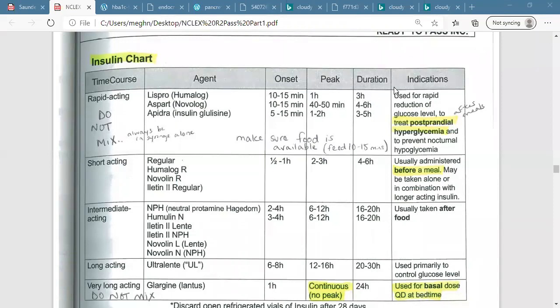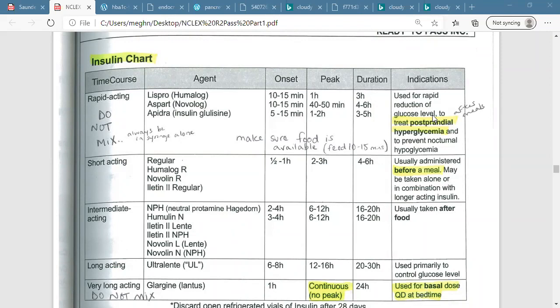So what are the indications of rapid acting insulin? First of all, it is used for rapid reduction of blood glucose level. Suppose a patient has diabetes. Sometimes, if they eat too much, like at dinner, then blood sugar goes up rapidly.